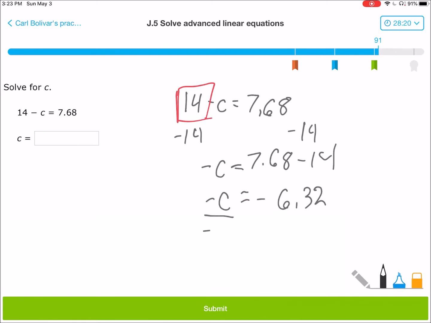So then we will divide each side by negative because we want to isolate the c. C is equal to negative divided by negative, which is positive. So positive 6.32.